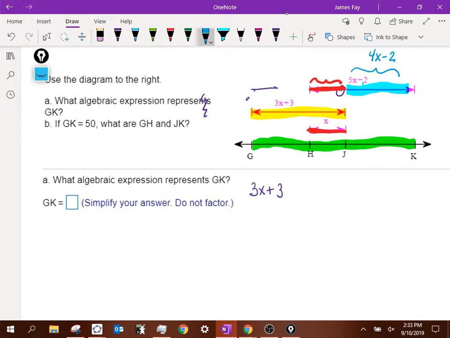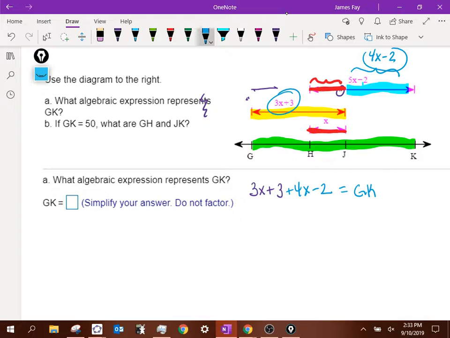Does that make sense? Okay. So I'm going to take the yellow of 3x plus 3 and add into it 4x minus 2. And that should end up being my algebraic expression for GK. Now you're going to want to simplify that.